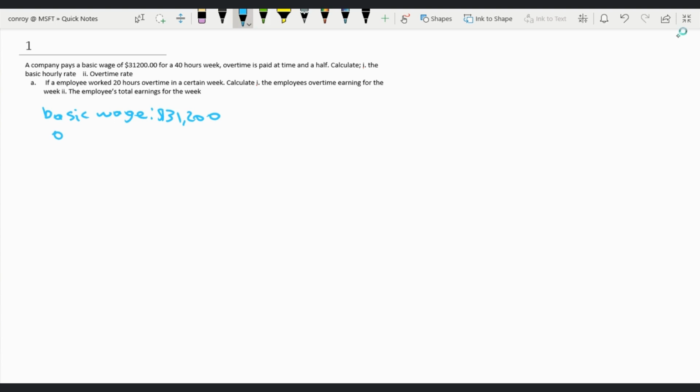We also know overtime, you can say OT, is paid at time and a half, so it's 1.5 of the regular rate. We also know that the formula to find wage is equal to the hourly rate multiplied by the number of hours worked.